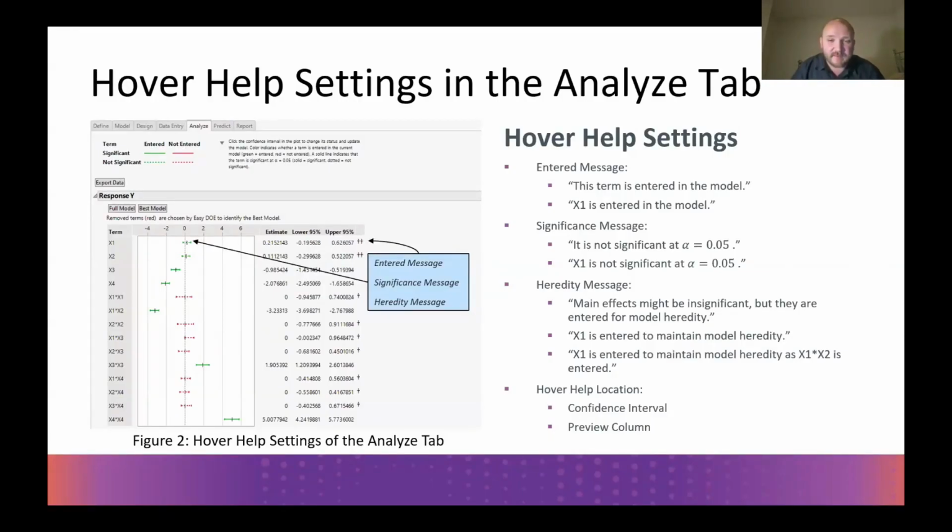Then lastly, one last factor of this hover help setting was the location of the hover help. Is it over a confidence interval, or is it over the preview column? We wanted to learn which of these settings users preferred the most.